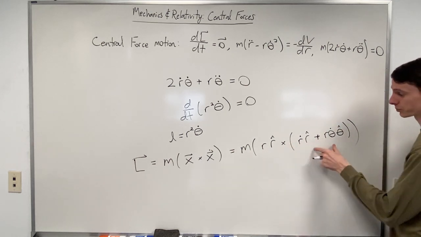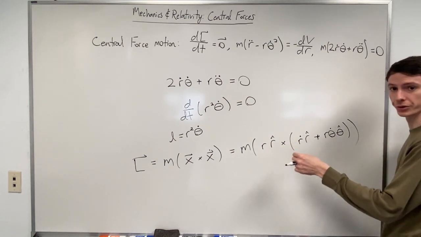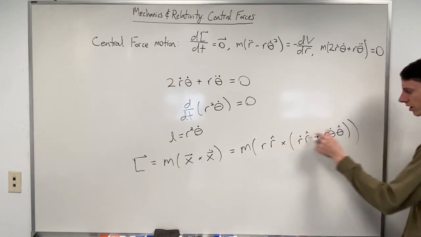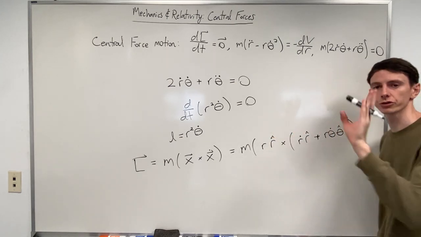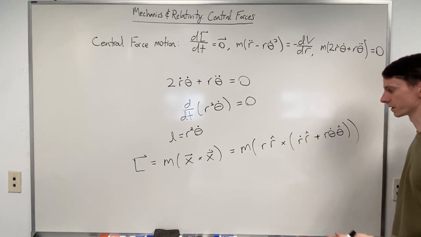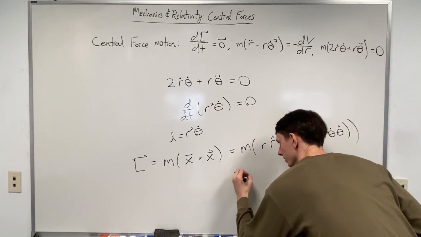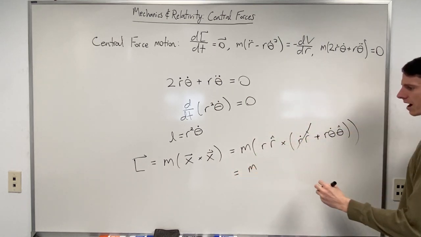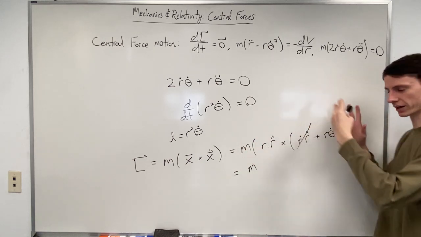Now, this is a cross product, and the cross product can be distributed into this cross this plus this cross this. Now, r hat crossed with r hat, regardless of what the magnitudes are, goes to 0. So this doesn't contribute to the cross product. And what we're left over with is this factor of m. Then I'm going to bring all the coefficients out front and just leave the basis vectors to the end.